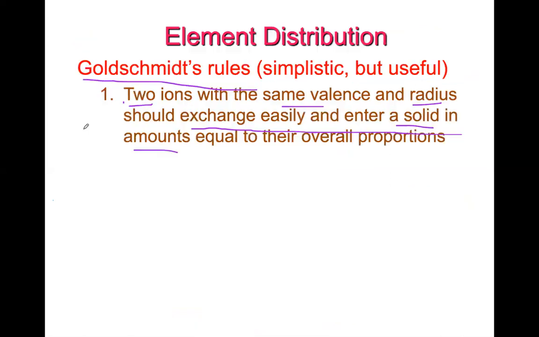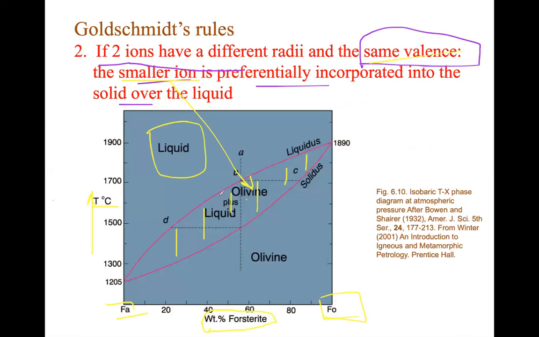second law of Goldsmith. In the first case, two ions with the same valence and radius should exchange easily, and they enter a solid in the amount equal to their overall proportion. So originally, the proportion should be the same in the case of the same size and same valence ions.